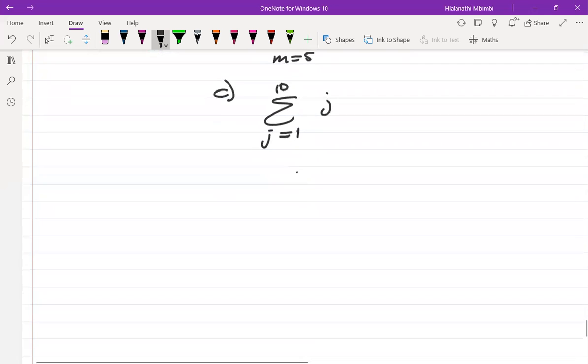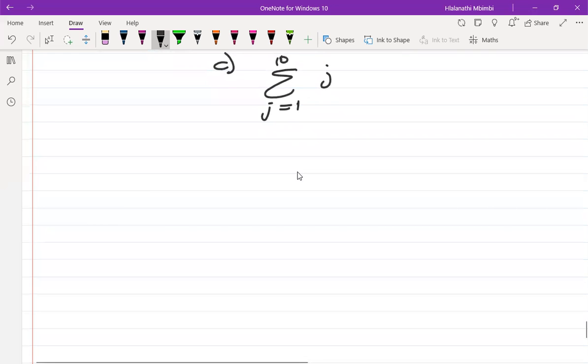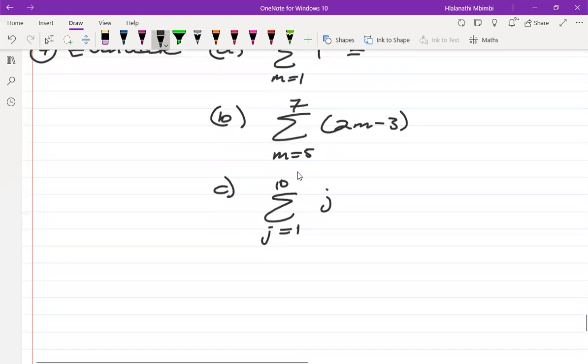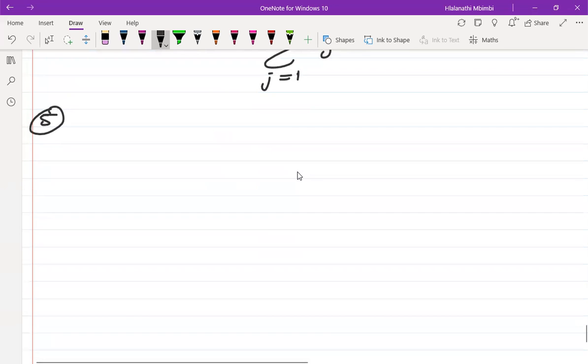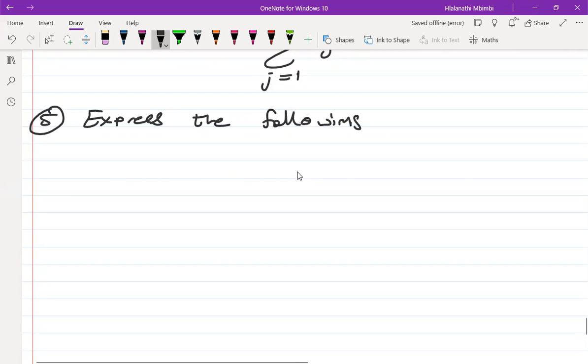And then number 4, number 5. Number 5 is: express the following in sigma notation.